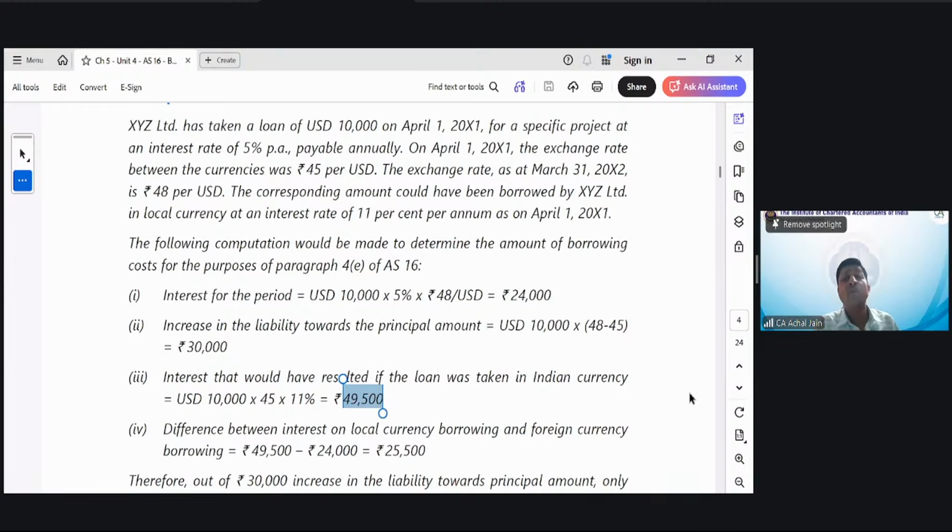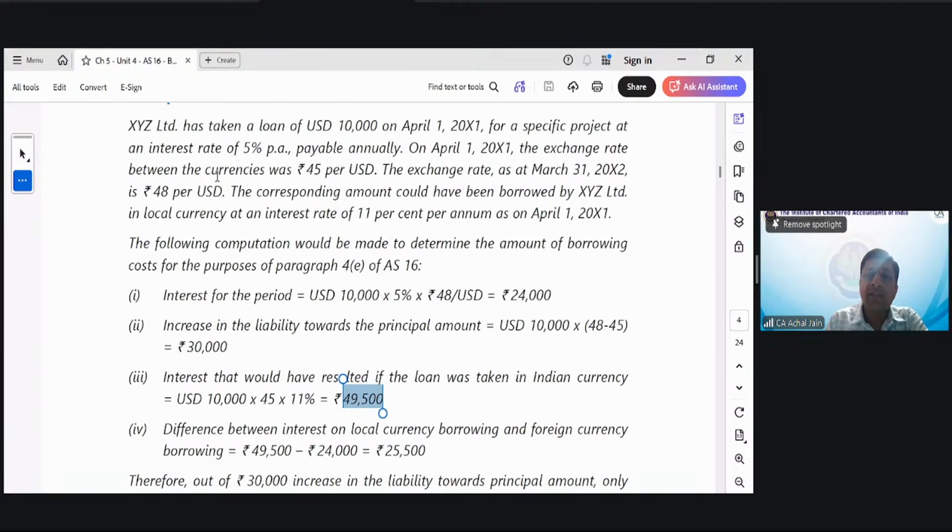So therefore, what do we understand? By taking the loan in foreign currency, company has saved the interest cost. So can you tell me the amount of interest which the company has saved by taking the loan in foreign currency? Over to you.